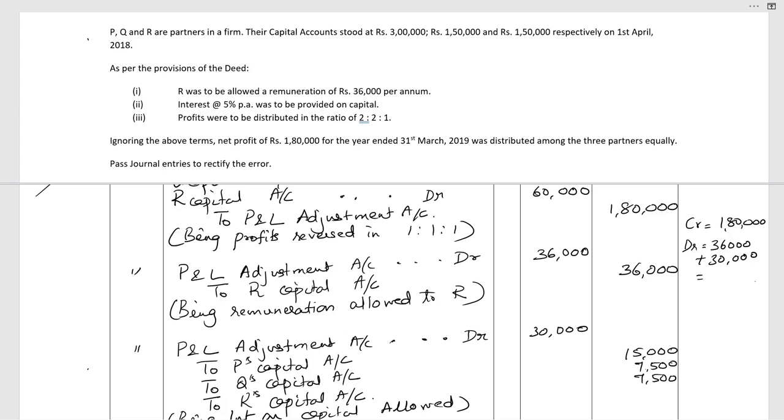So the total debit is rupees 66,000, whereas the total credit is rupees 1,80,000. To close the profit and loss adjustment account, I need to debit profit and loss adjustment account with 1,14,000, which is the difference between 1,80,000 and 66,000, and this has to be distributed among P, Q and R in 2:2:1. So let's go ahead with that entry.